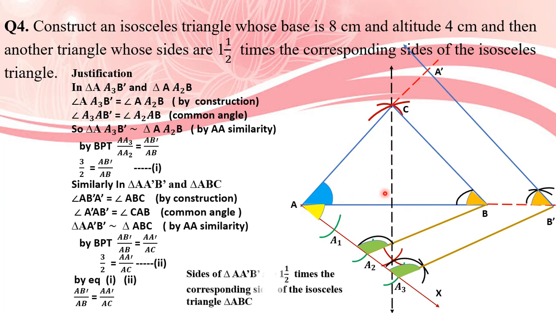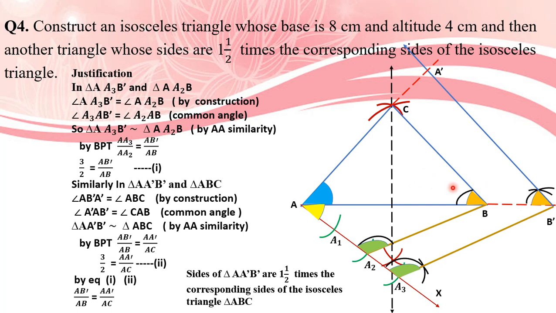So here we have drawn a triangle A dash B dash similar to the triangle ACB, where the corresponding sides of triangle A dash B dash are 3 by 2 times the corresponding sides of the isosceles triangle.